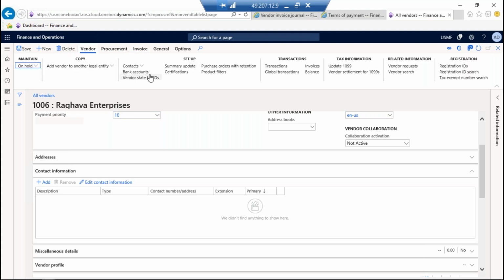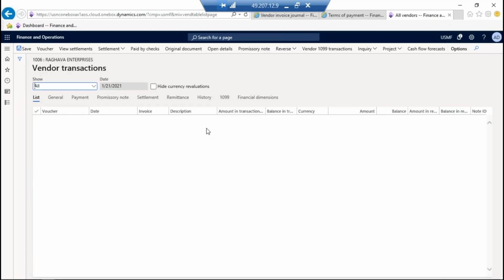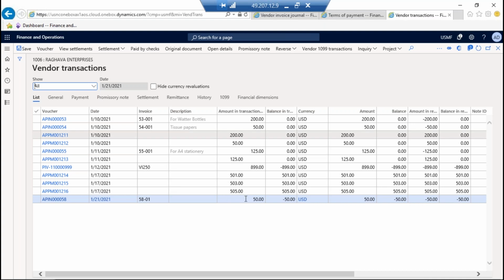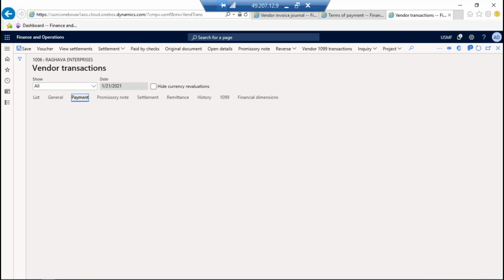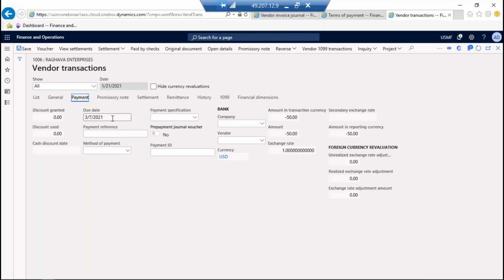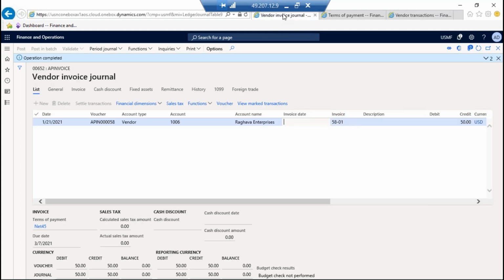Vendor, you can see the transactions, and you can observe the due date also is updated inside. Due date is most important for calculation purposes. Now if you go inside payment, you will understand due date. For payment it is most important, and for pending amounts calculation we need this a lot.